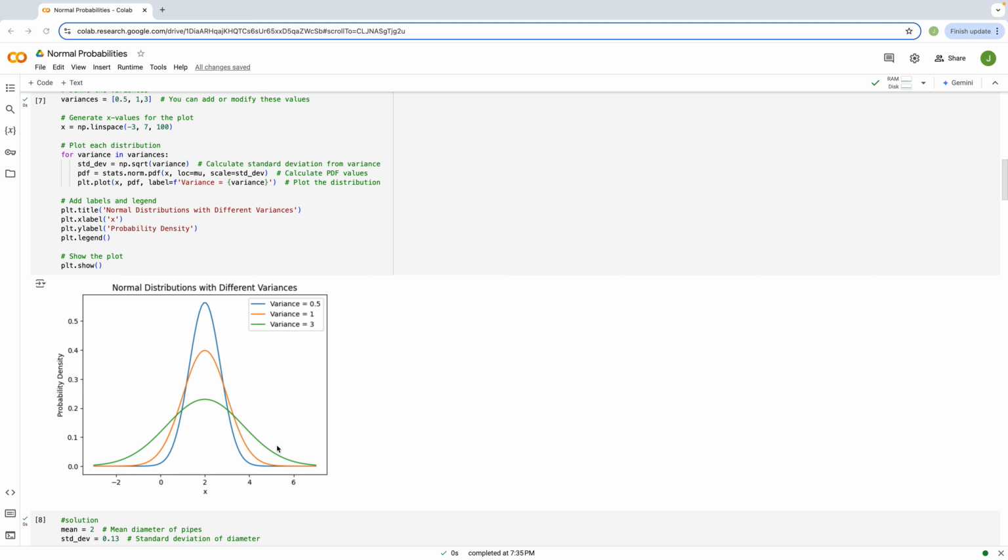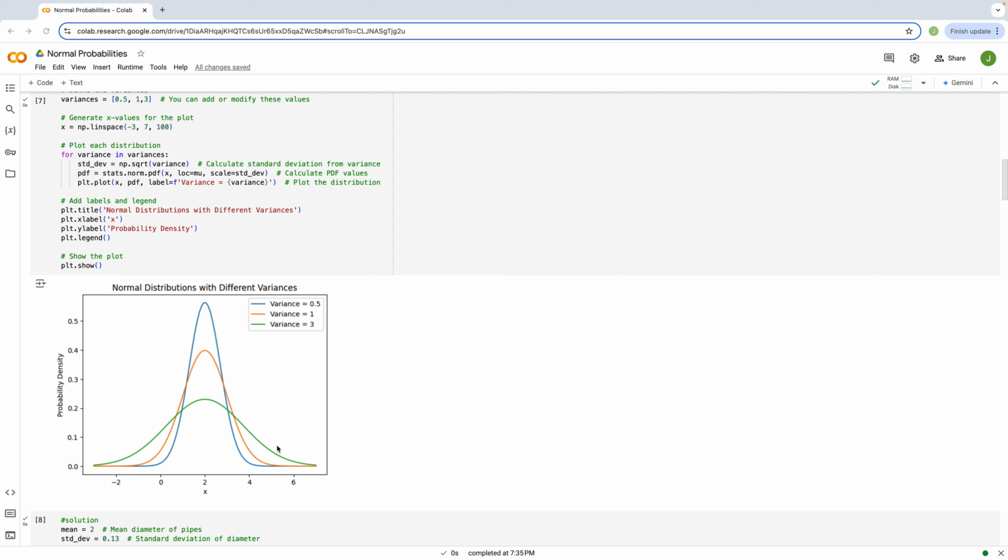That's what the variance controls in the normal distribution. It controls the spread of the data, meaning that larger events or values become more probable. Here it becomes more probable with the green graph, as compared to the blue, that we have a part that is far away from the mean of 2.